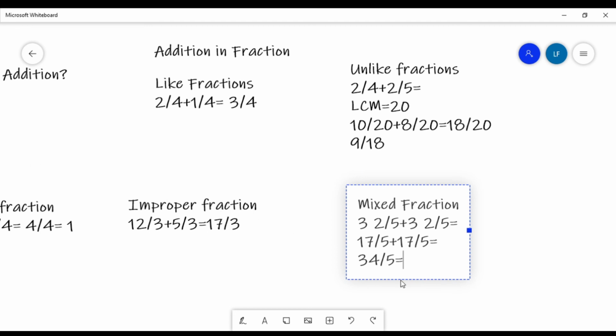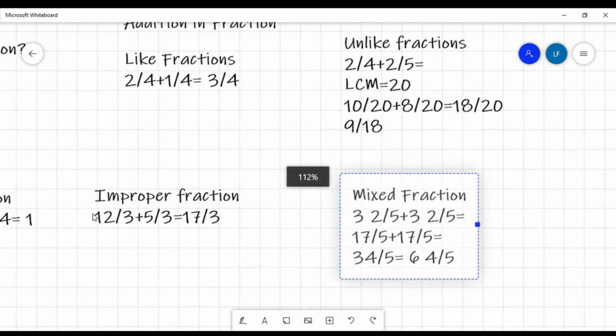So how many times 5 equals 34? Since 34 isn't in the table of 5, if you do the correct math, it is 6. So 5 times 6 equals 30 and the remainder becomes the numerator. So 6 and 4 by 5.